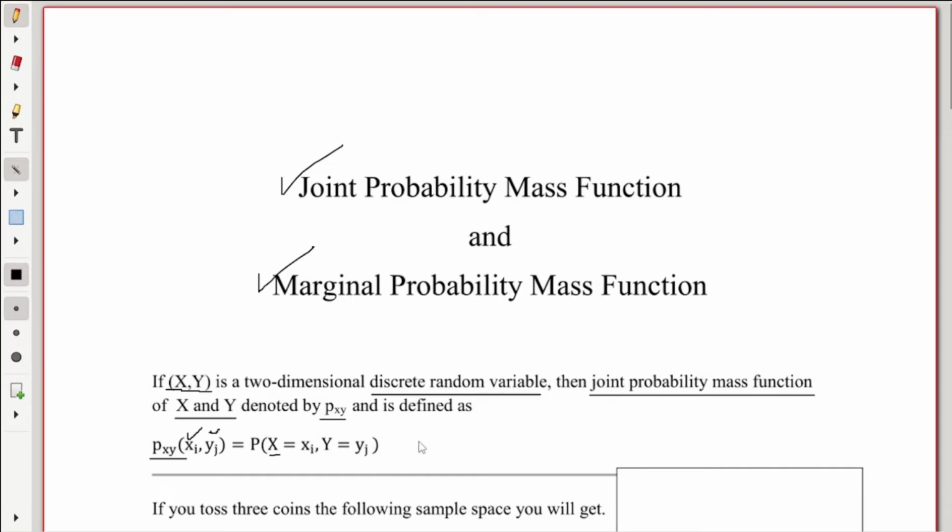But to understand clearly, let us take a practical example.